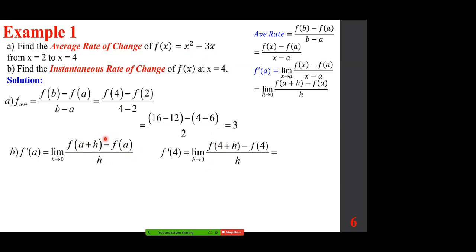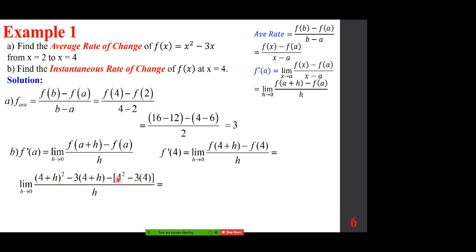So if you plug in 4, okay, now what is f of 4 plus h? Let's plug in 4 plus h squared minus 3 times 4 plus h. That's what it is. Now, as far as f of 4, we've already done f of 4 here. This was 4, by the way, or you can evaluate it again, either way. So f of 4 plus h, and then f of 4.